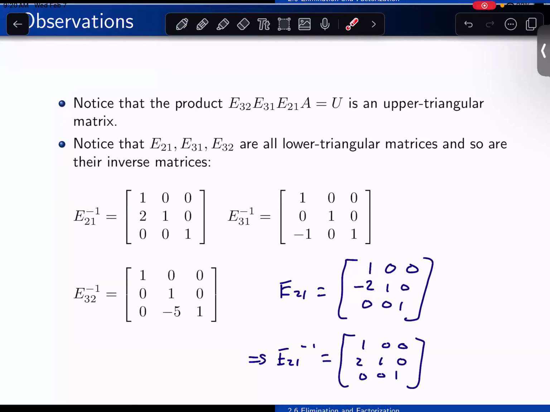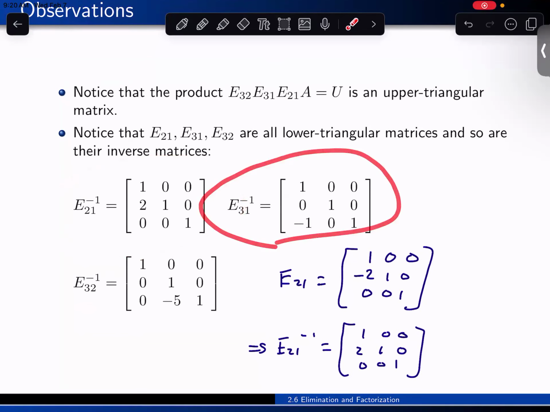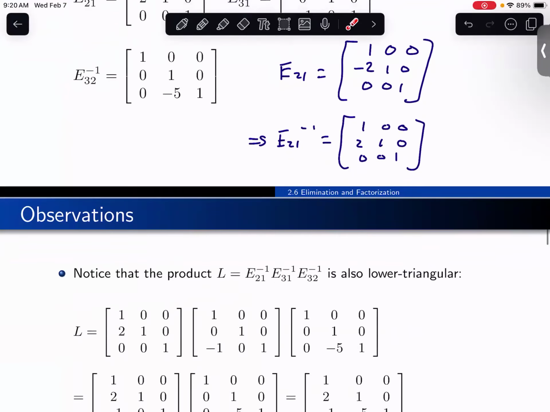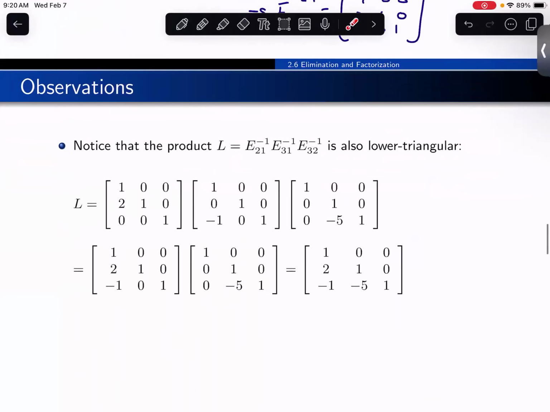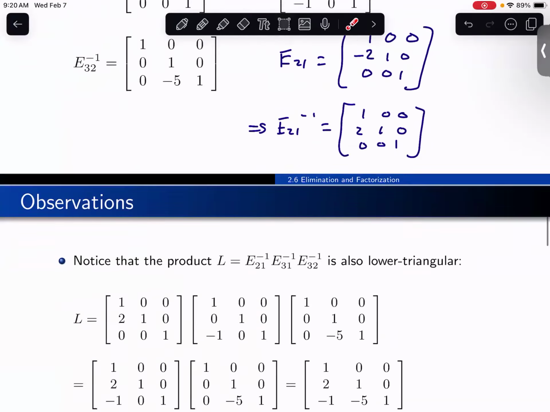We're still considering E21, E31, and E32 from the previous example. So these are going to be the inverses of these elimination matrices. And the reason we're considering the inverses is that the product of the inverses of these matrices is also going to be lower triangular, right?